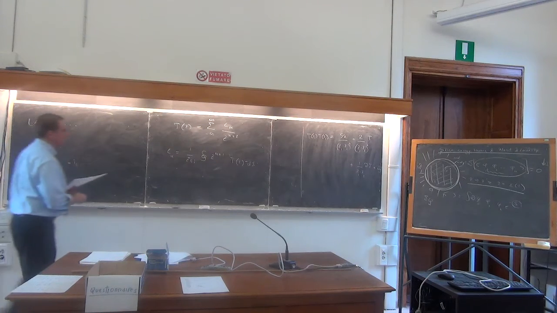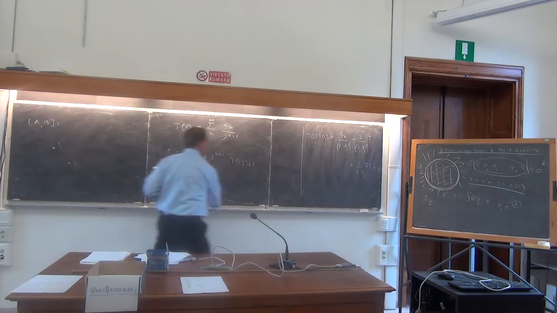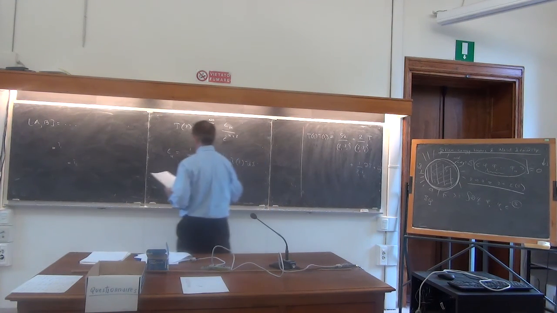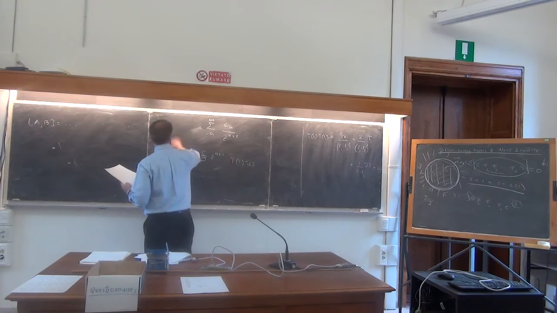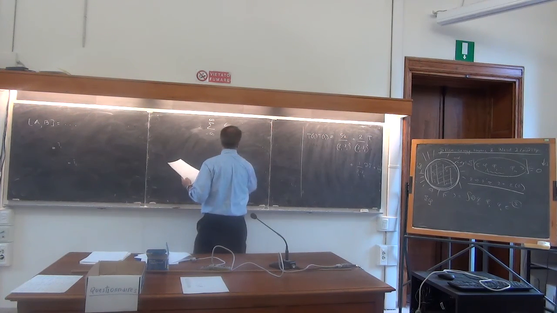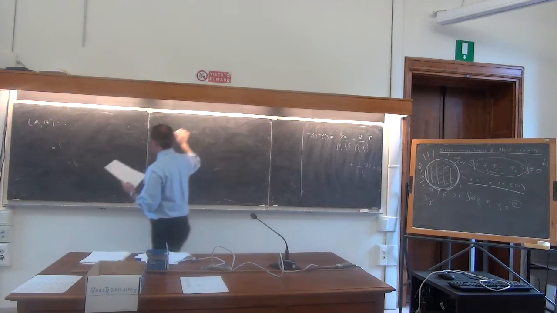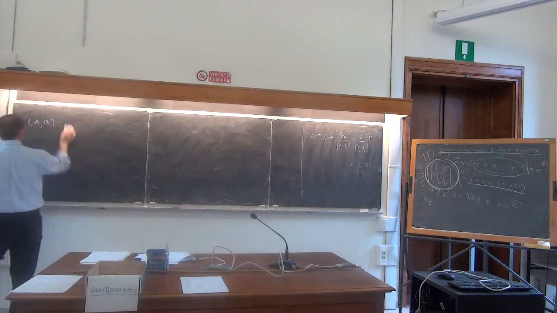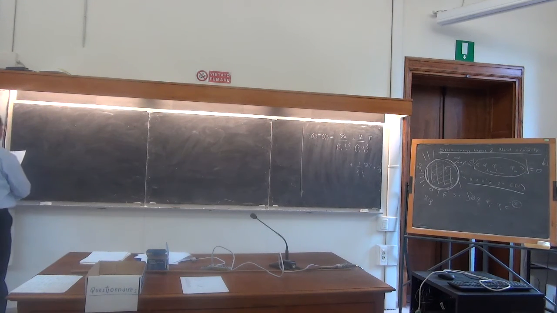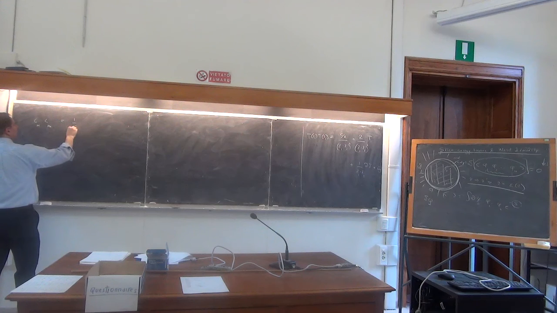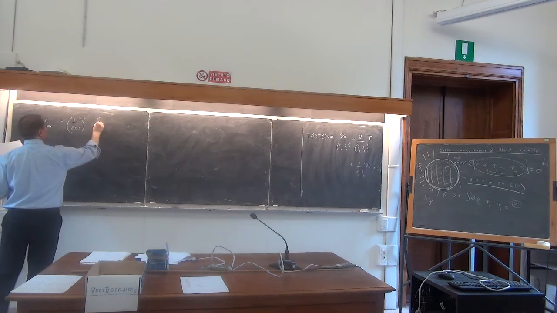And I want now to compute, imagine I want to compute these things here. So this will be 1 over 2 pi i squared.